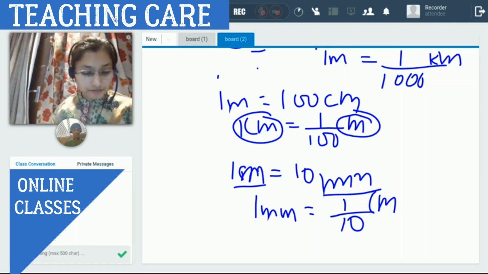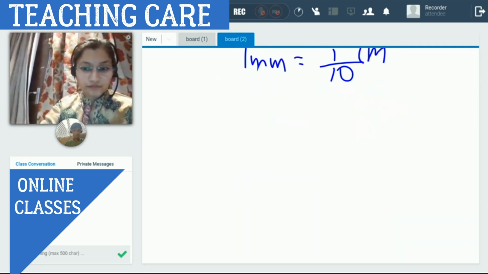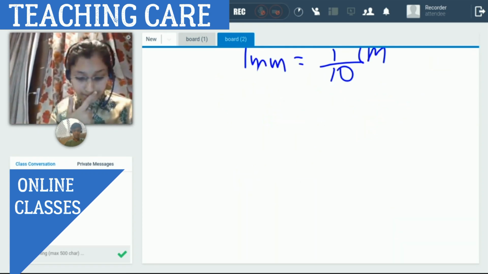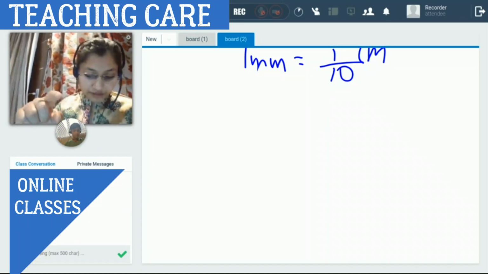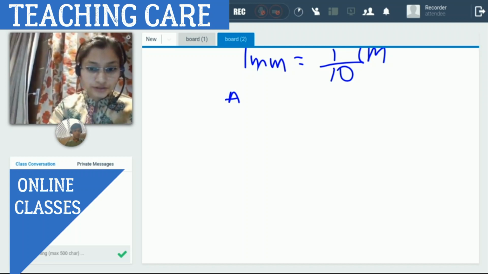Now on page number 13, there is a question at the end. Try these. So there is a figure over there. I am drawing it for your reference.